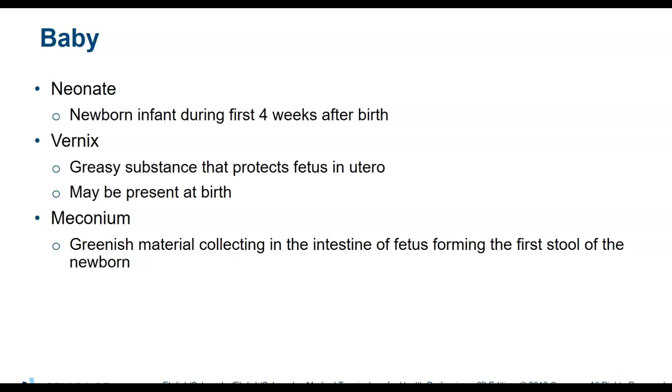Meconium is different. Hopefully we don't see meconium when we deliver the baby. If the water breaks and we see green in the amniotic fluid, we're concerned, because meconium is really the baby's first stool.